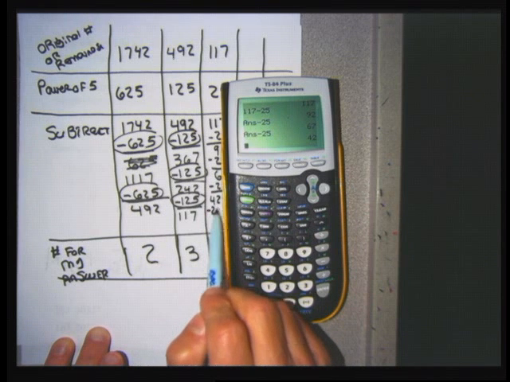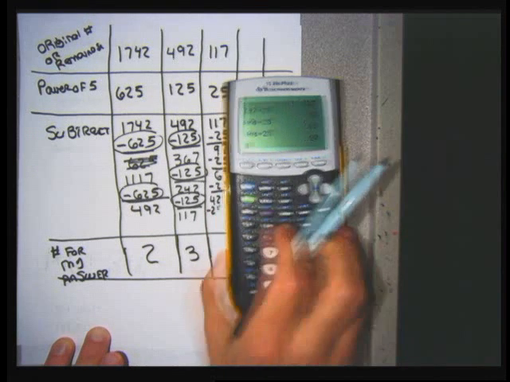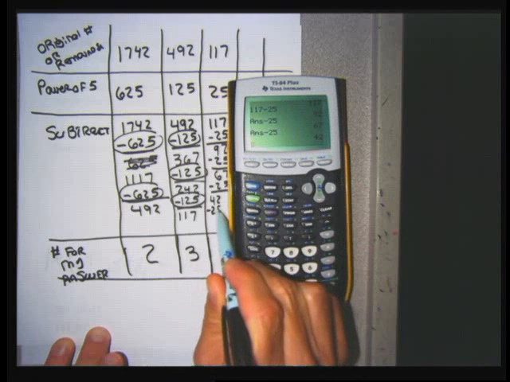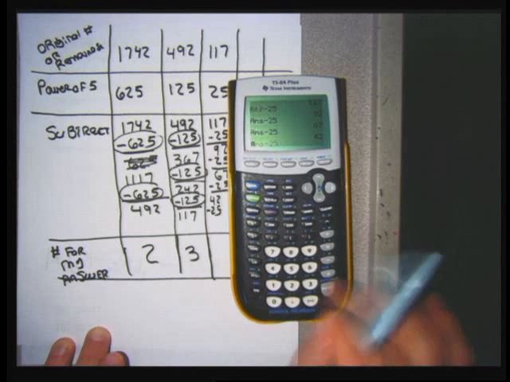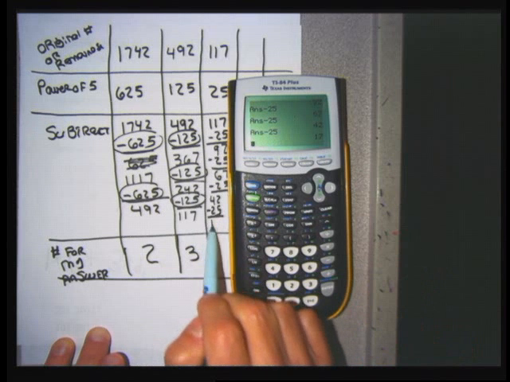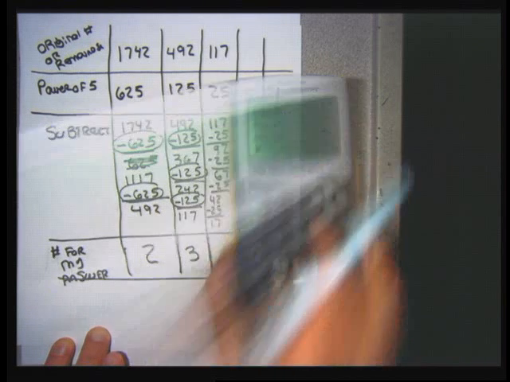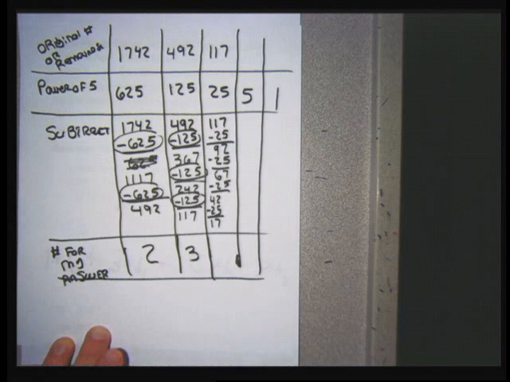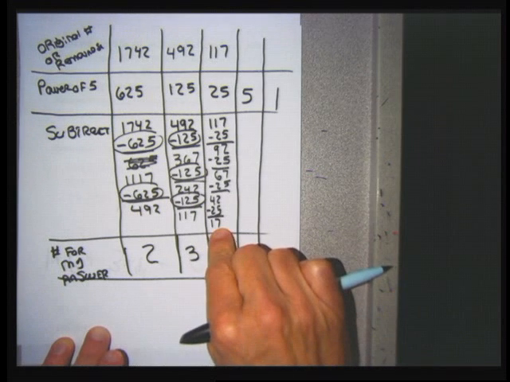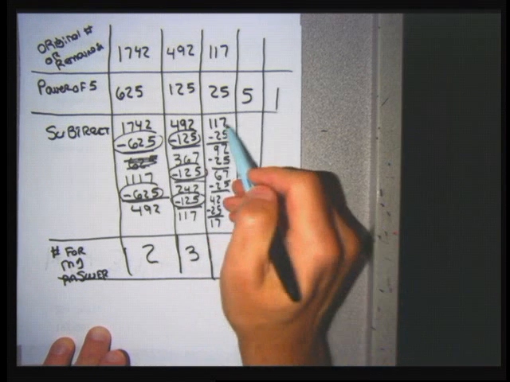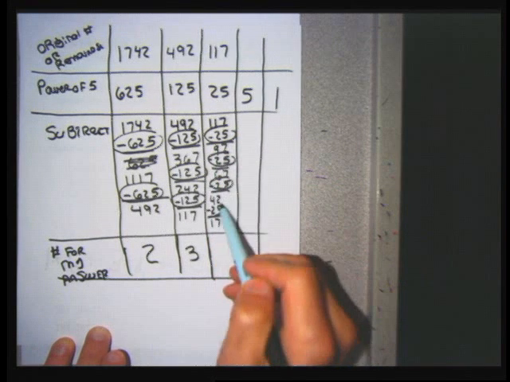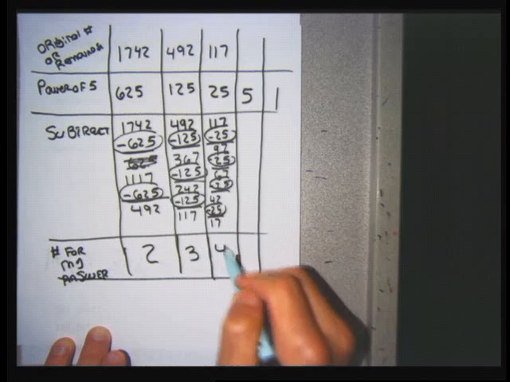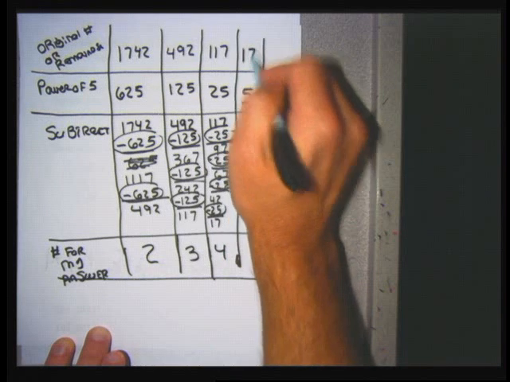Minus 25 equals 17. Now I'm less than 25, so I'm going to stop. And then when I get done with the column, because 17 minus 25 would be negative, I need two numbers to fill in. The number for the bottom, which is the number of times I got to subtract 25, which is 4, and then I bring my remainder up.